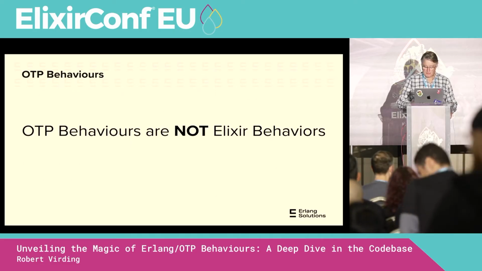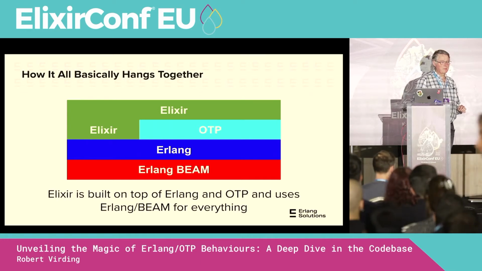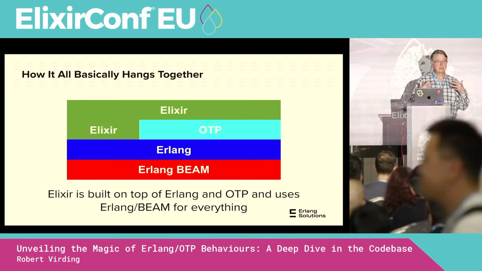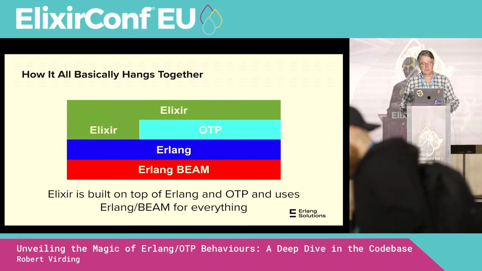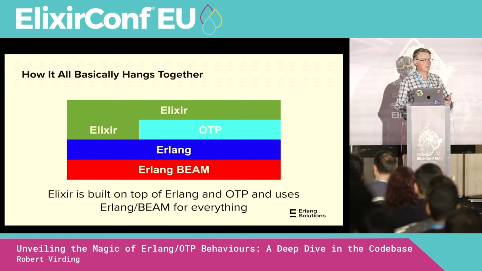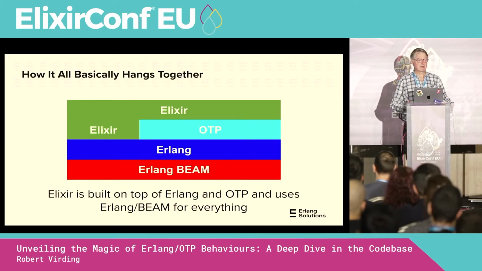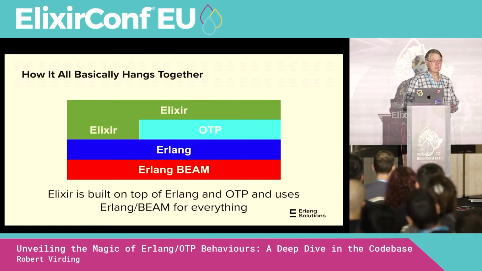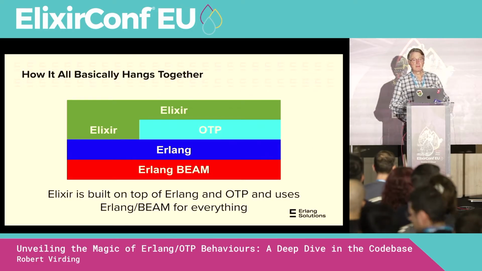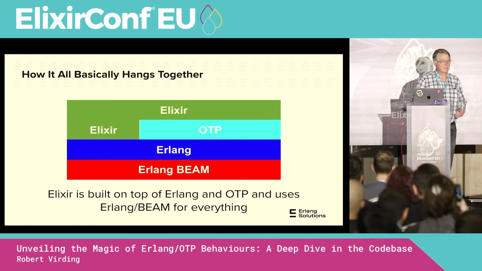Another thing I want to point out, again, I think a lot of Elixir people don't realize this. They haven't had the need to realize it. But Elixir is built on top of Erlang and OTP. Okay, you often don't see it, but it's all there, right? For example, when you're compiling your Elixir code, that will generate Erlang code, which will then be passed into the Erlang compiler.